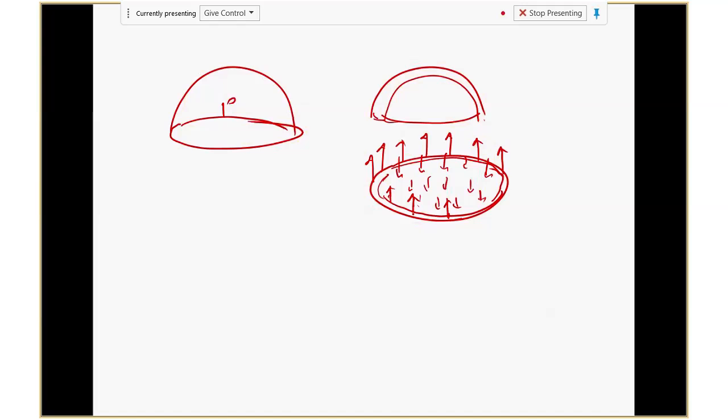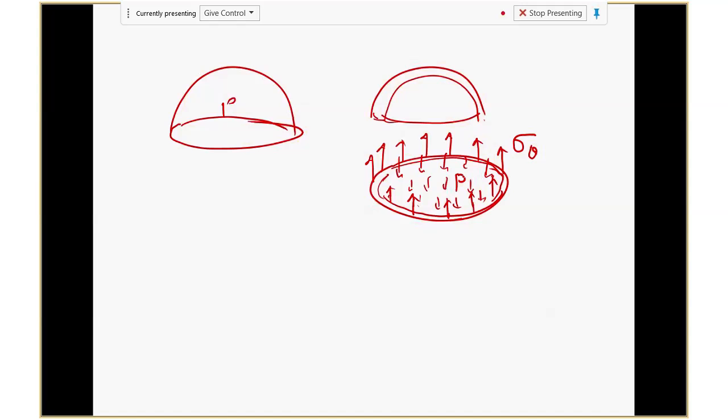Remember, it's along this edge. This will be the stress, what I'm looking for. Let's call it sigma theta, because of the half sphere. Now, this load here is pressure P.